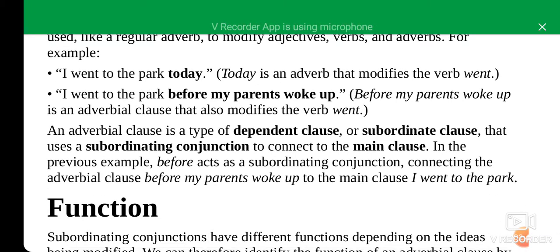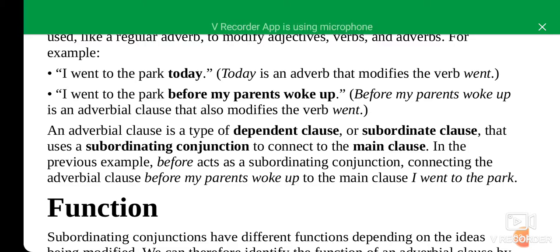Now, an adverbial clause is a type of dependent clause or subordinate clause that uses a subordinating conjunction to connect the main clause. It has been explained over here that every dependent clause which has a subordinating conjunction which connects the dependent clause with the independent clause and it shows time, place, or manner, it's an adverbial clause.